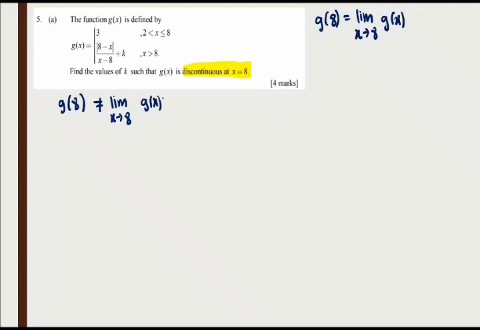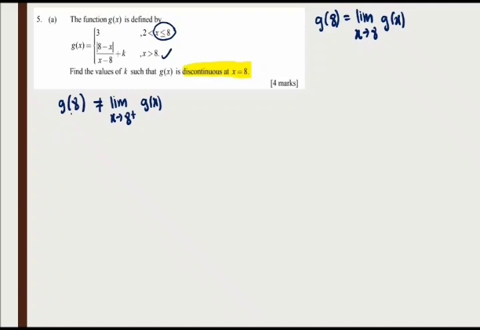In this case we only have two different parts. For g of 8, this is also the same value as x approaching 8 from the left. On the right hand side, we will take x approaching 8 from the right, so that we can use the second part of g(x).